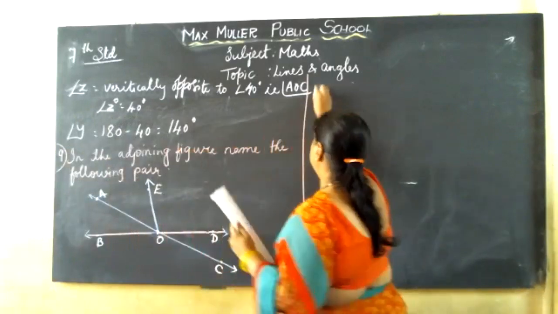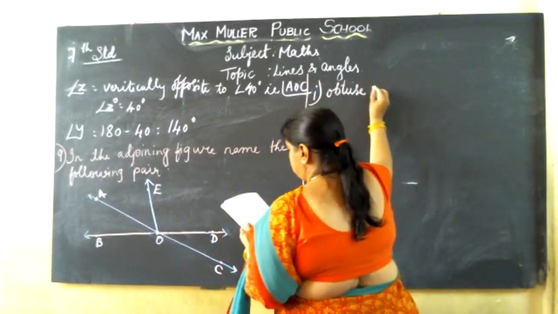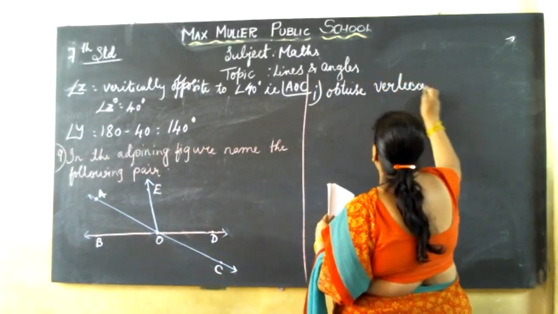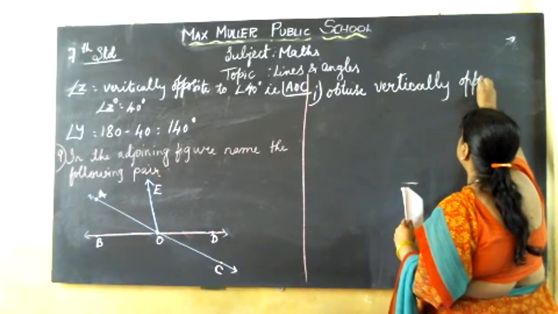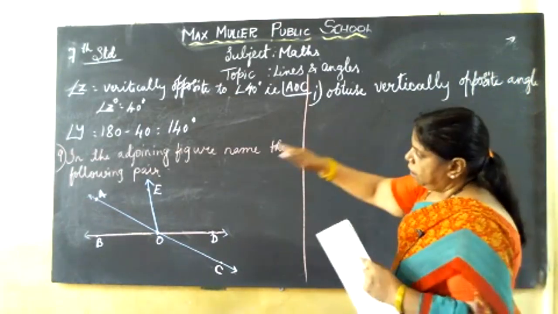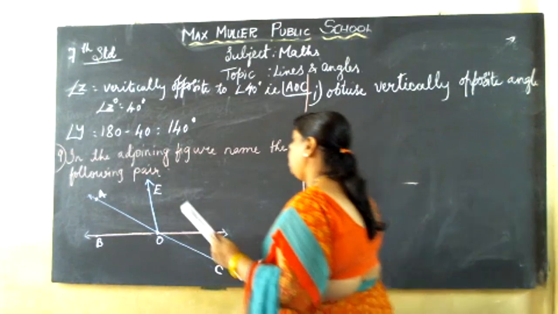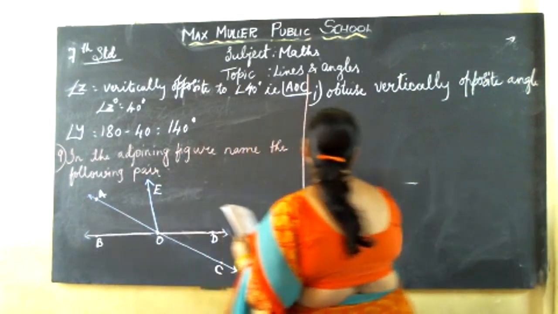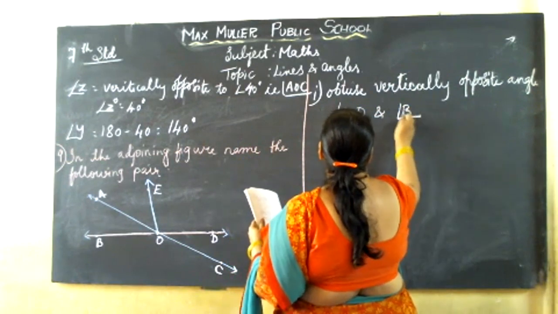First one is obtuse vertically opposite angle. Which is that vertically opposite obtuse angle? That is AOD and angle BOC.